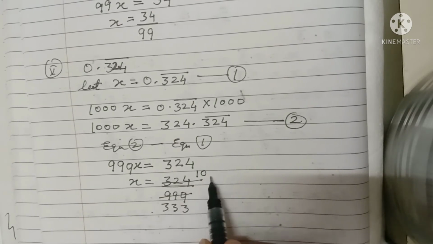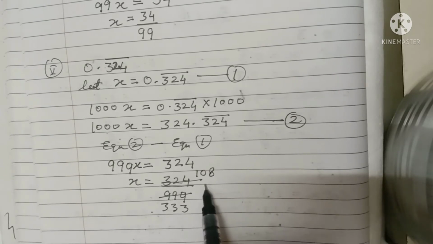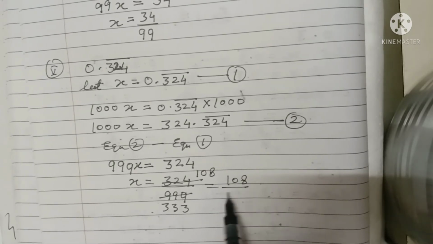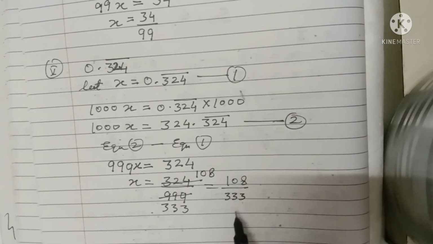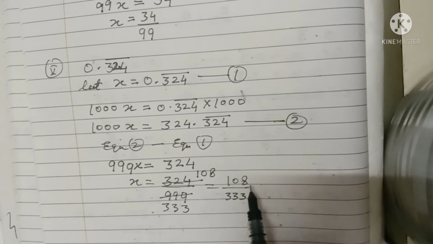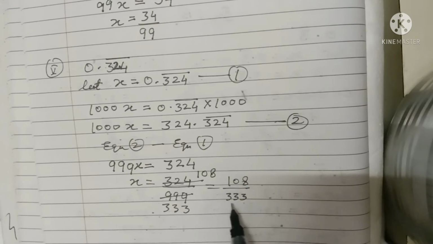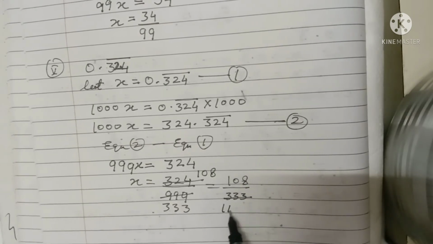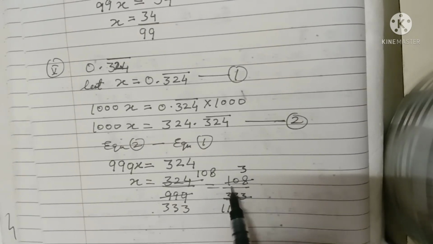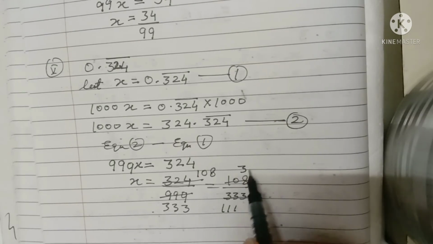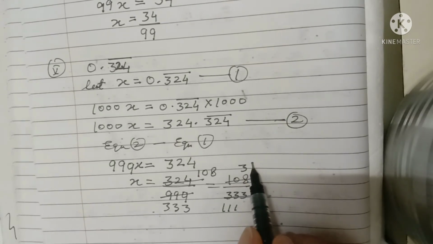Now this becomes 24, 3 8s are 24. This becomes 108 upon 333. This again can be cut by 3, because the sum of the digits is 1 plus 8 equals 9. So cut it. 3 1s are 3, 3 1s are 3, 3 3s are 9, and 3 6s are 18.